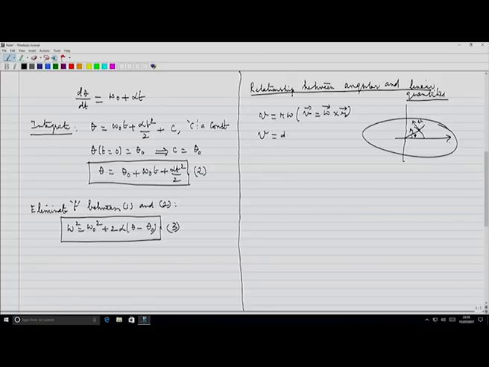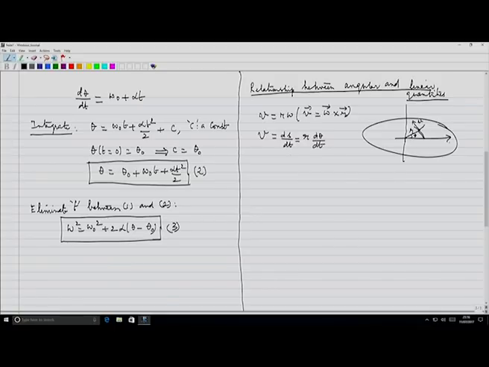By definition, it is ds by dt, rate of change of displacement. We want to calculate ds, which is this arc length, which is nothing but r times d theta, the change of angle, divided by dt. Taking the limit, v is r into d theta by dt.